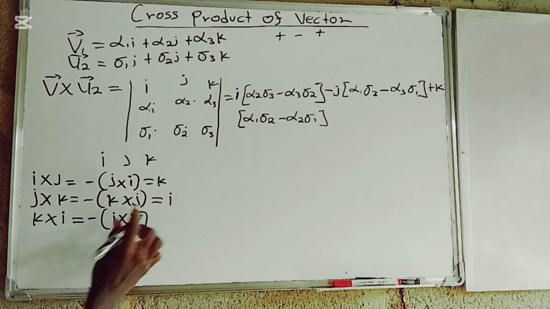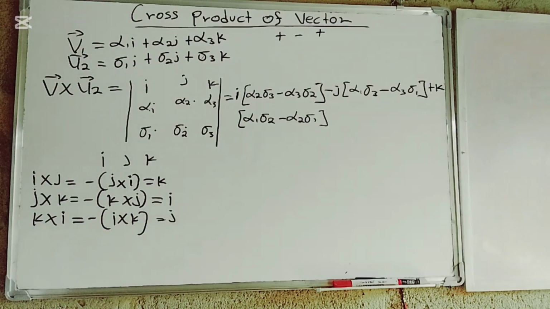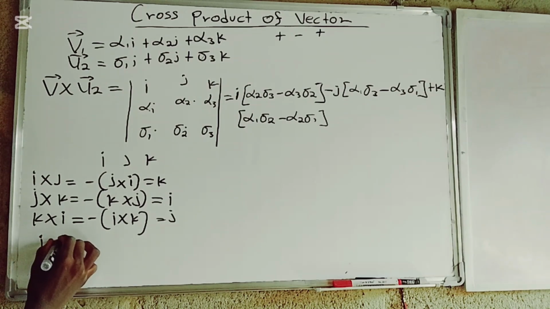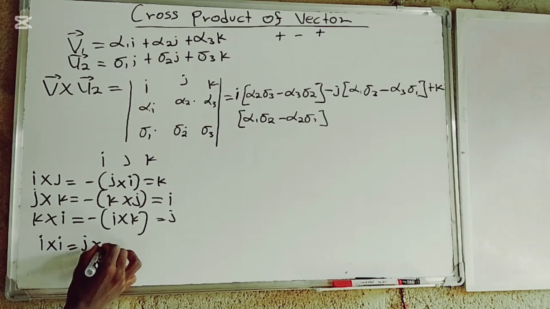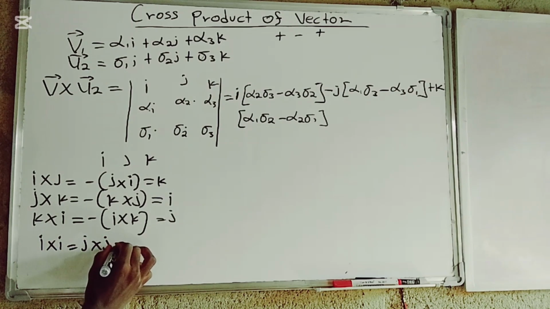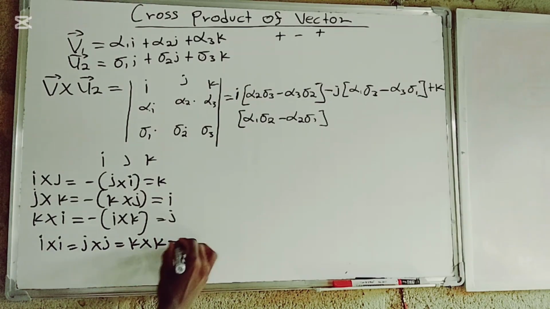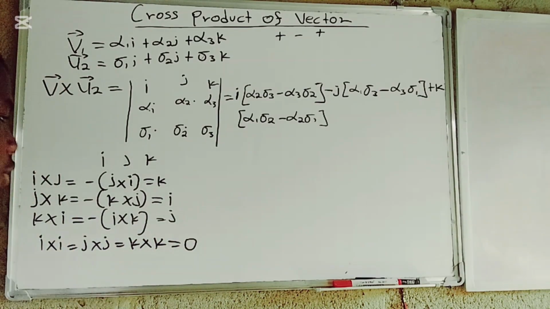The one we are not having here is j. And therefore if I say i cross i, it is equal to j cross j, it is equal to k cross k, which is the same thing as 0. So this is how cross product is.